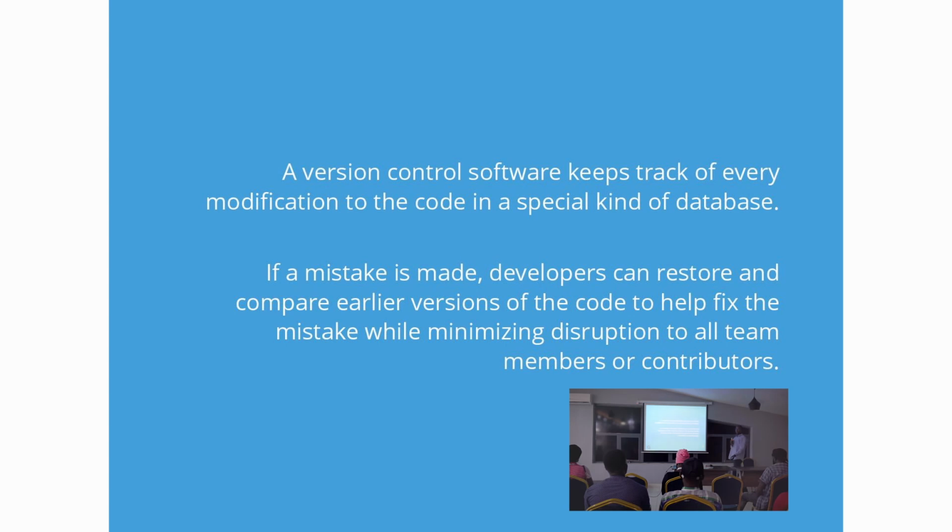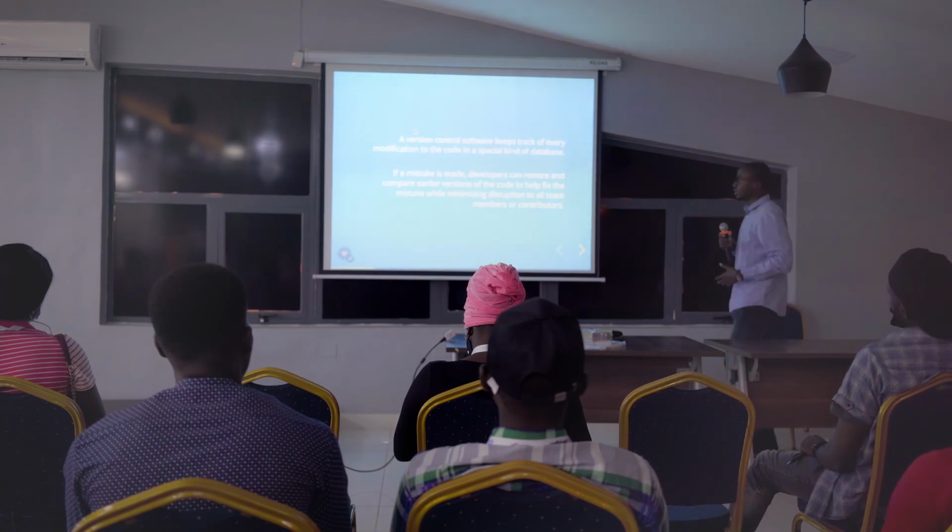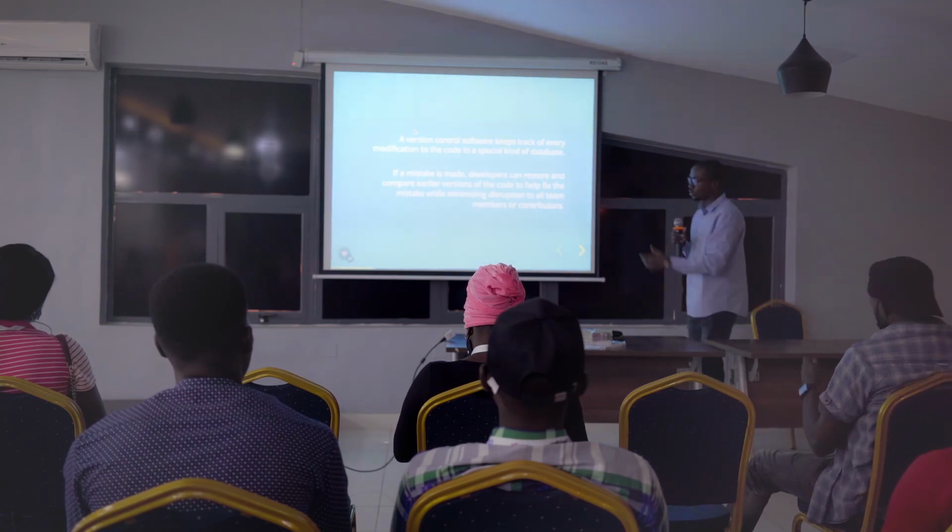So we all know what version control is now, and then there's something called the version control software, which is pretty much the application that keeps track of what we just mentioned. Every single modification you make to a piece of code is stored in this special kind of database. And the idea is that if any mistake is made, you can restore the previous versions, you can check the previous versions, and it helps you minimize disruption to collaboration.